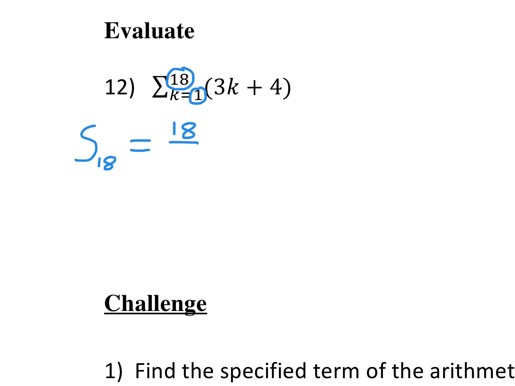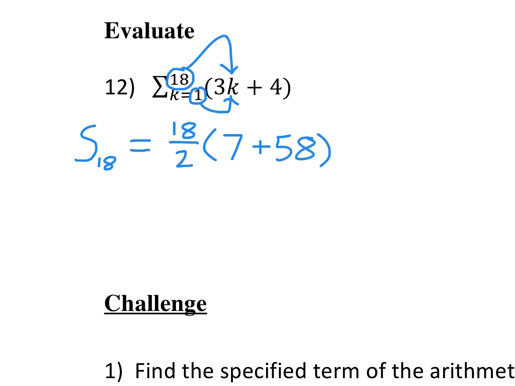Formula is n over 2. And then we only have to plug in the first and the last number. So if you plug in 1 for k, you get 3 plus 4. So you get 7 when you plug in 1 for k. If you plug in 18 for k, you get 3 times 18 is 54. 54 plus 4 is 58.